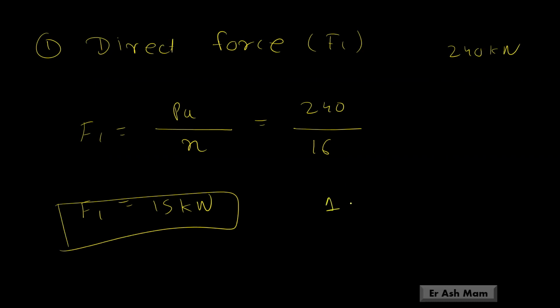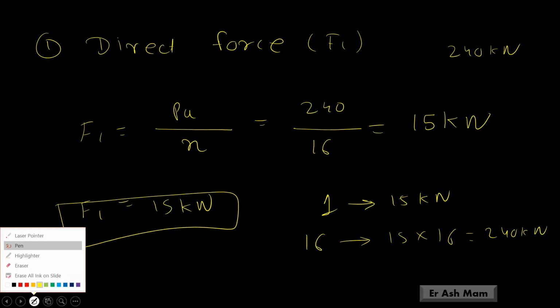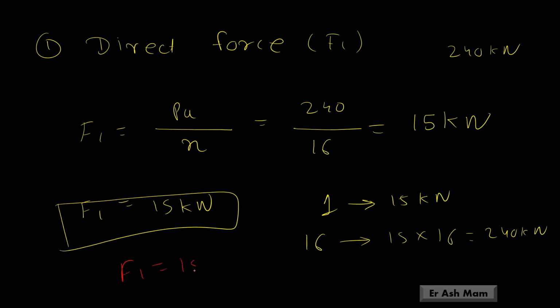On 16 bolts, 15 into 16 equal to 240 kilonewton force will act. Direct force is just P upon N, 240 upon 16, which is equal to 15 kilonewton. Therefore, F1 equal to 15 kilonewton, as I already wrote here.